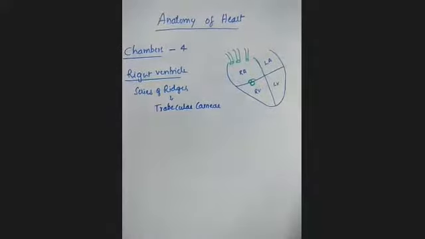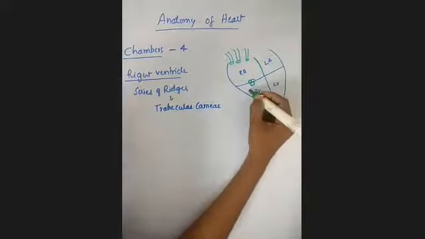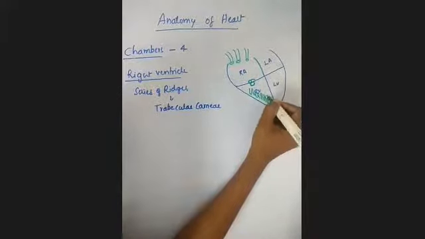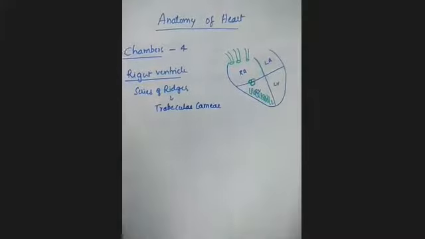See, I will tell you what this series of ridges is: this series of ridges inside the ventricle, you will call trabeculae corneae.